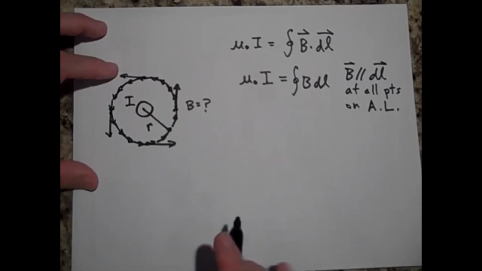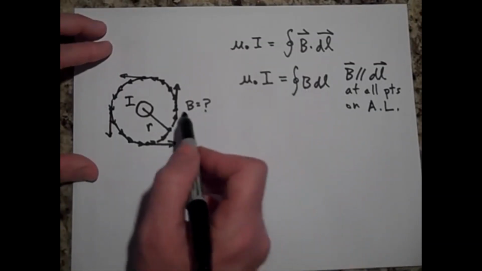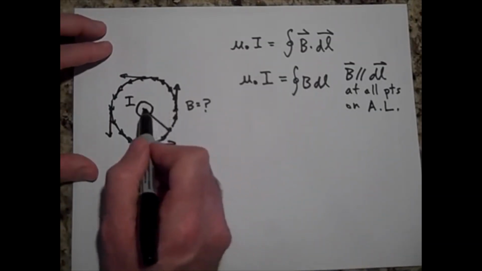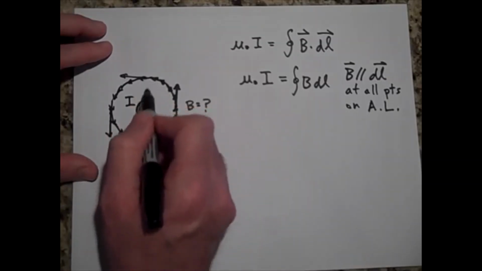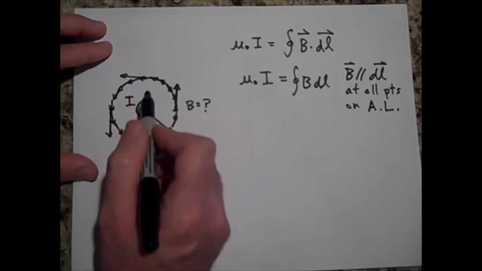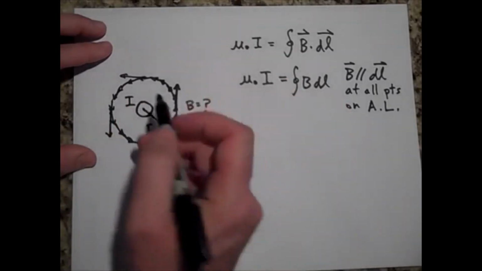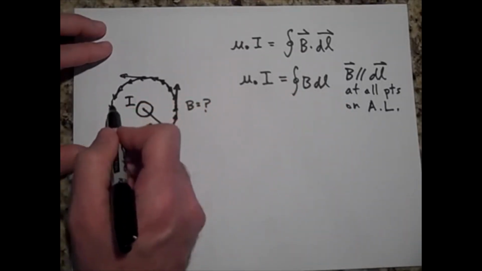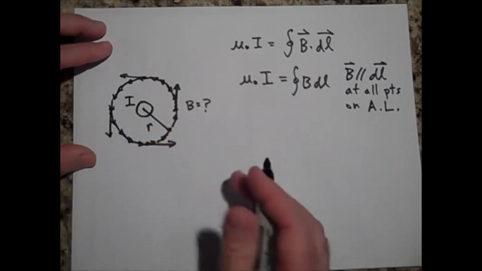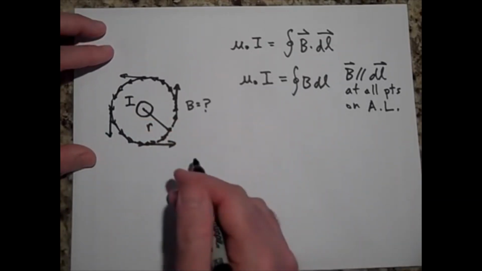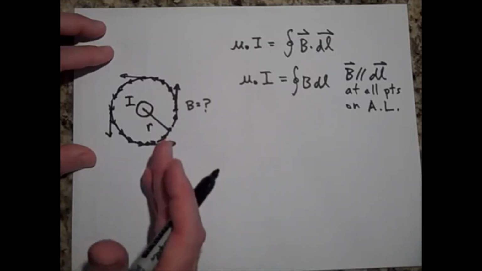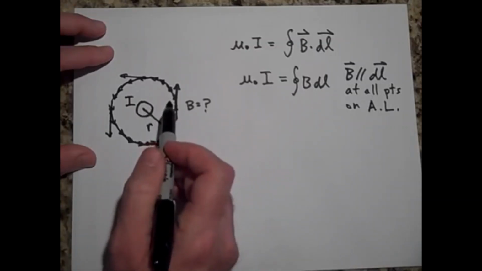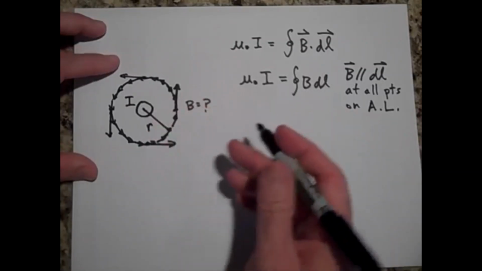And then I'm going to make the argument that since you're at the same location at each one of these points, the same distance r away from the wire, B shouldn't be any different at each point as far as magnitude goes, not direction, but magnitude. And so that's why we need symmetry. Without symmetry, we can't make that argument. But because it's symmetric, I can.